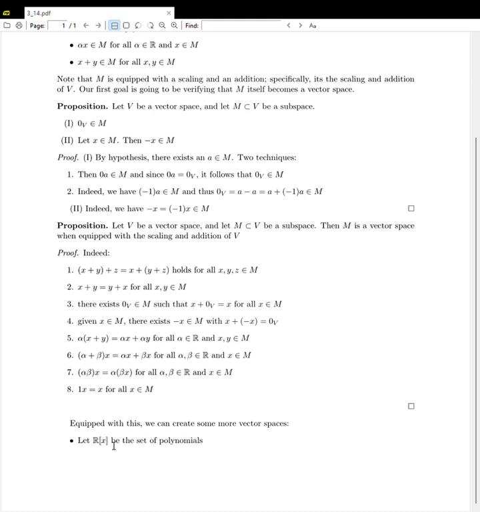We will let R, close bracket, x, be the set of polynomials. So these are functions, and for us these will be real valued to real valued, or complex valued, depending on what we will need to look at.